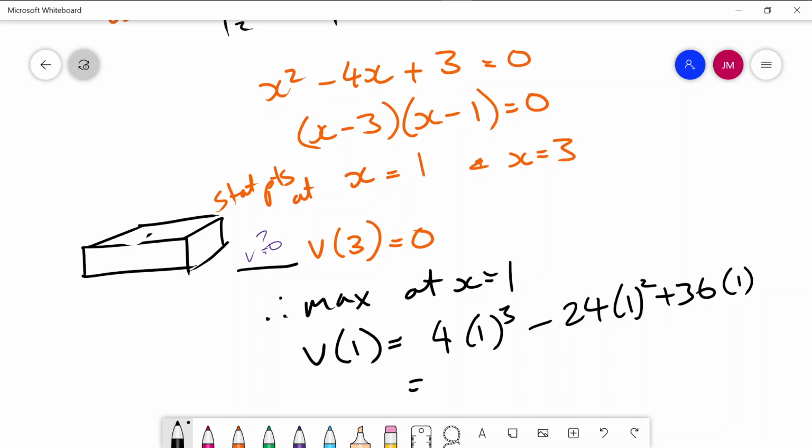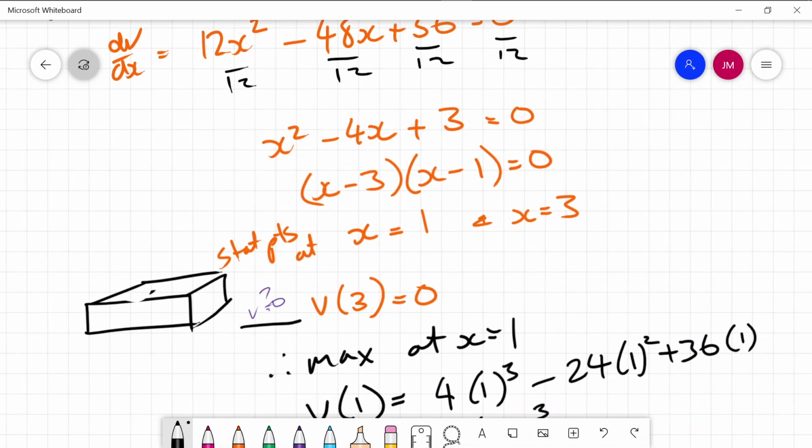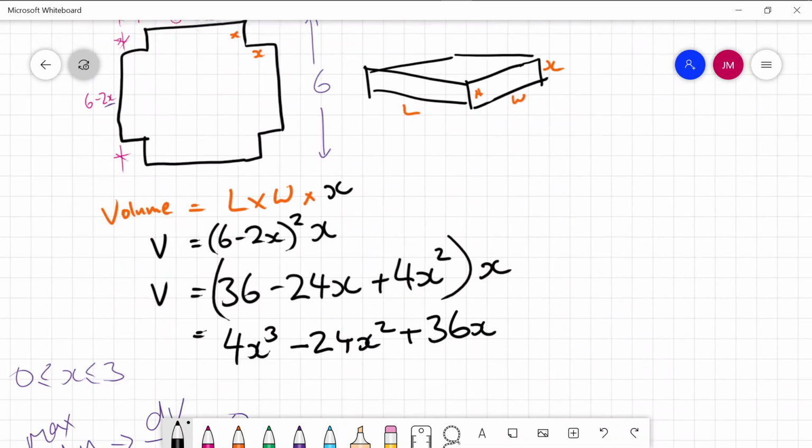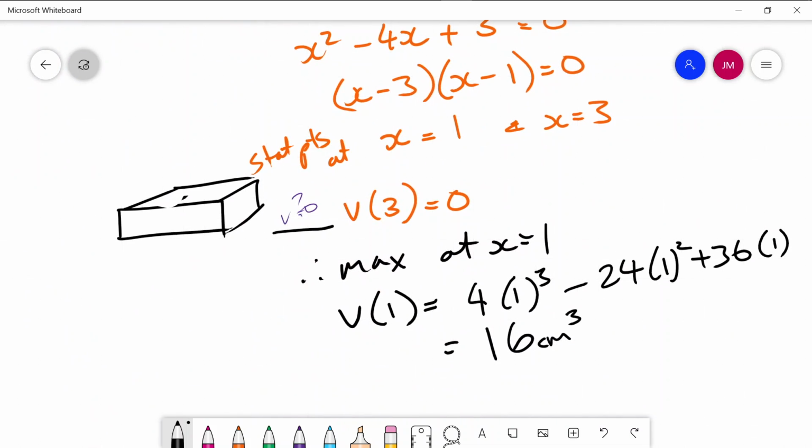So you get 4 minus 24 is minus 20 plus 36 is 16. So that would be 16 meters cubed. Or centimeters cubed, is it? Oh, no, it's meters. Oh, it's big. So 16 cubic meters is your maximum volume when x equals 1.